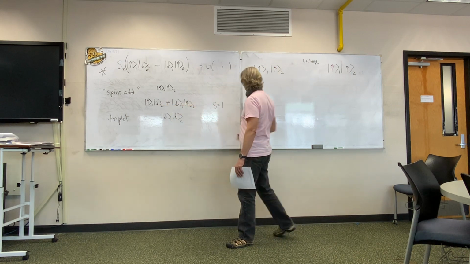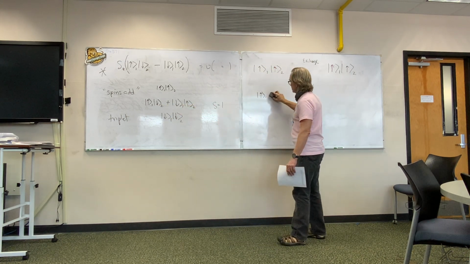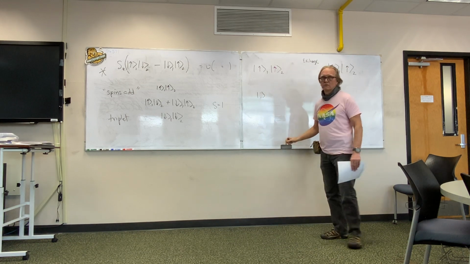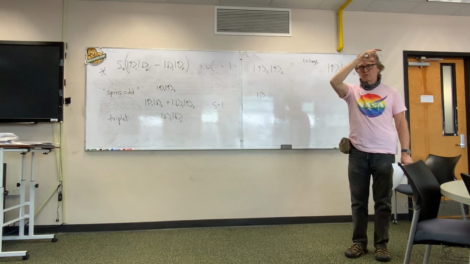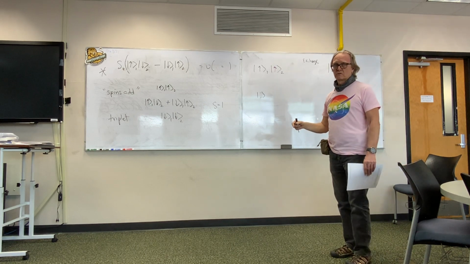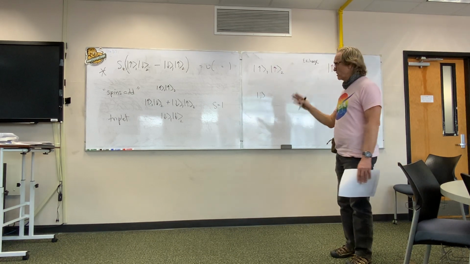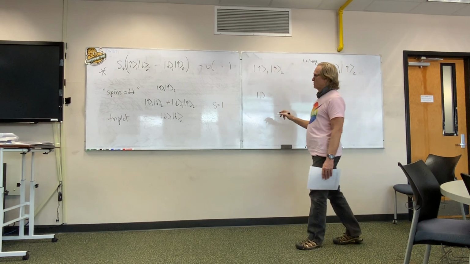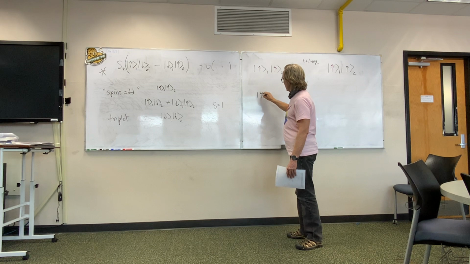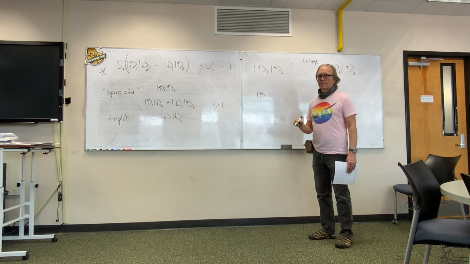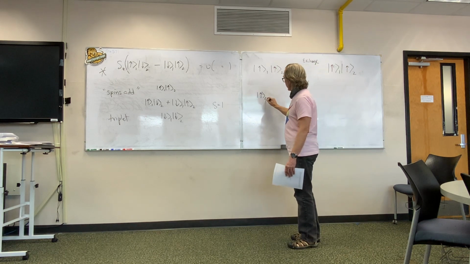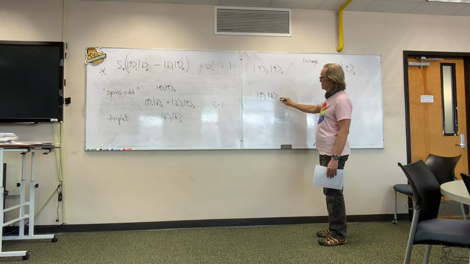What would that be if I exchanged the particles? There are two possibilities: you can exchange the states, or you can exchange the labels. Maybe change the labels this way, and that'll make life a little bit easier. So I don't change the state, it's up. What do I change? I change the label. So what does 1 become? 2. Very good. I have a down state that I don't change, but I label it 1.